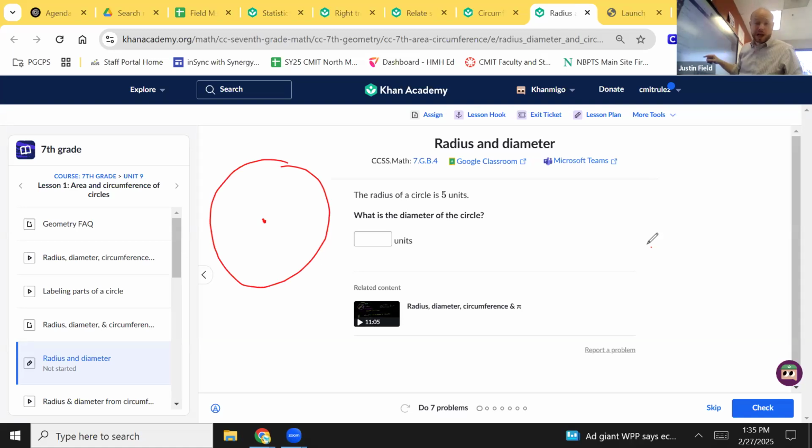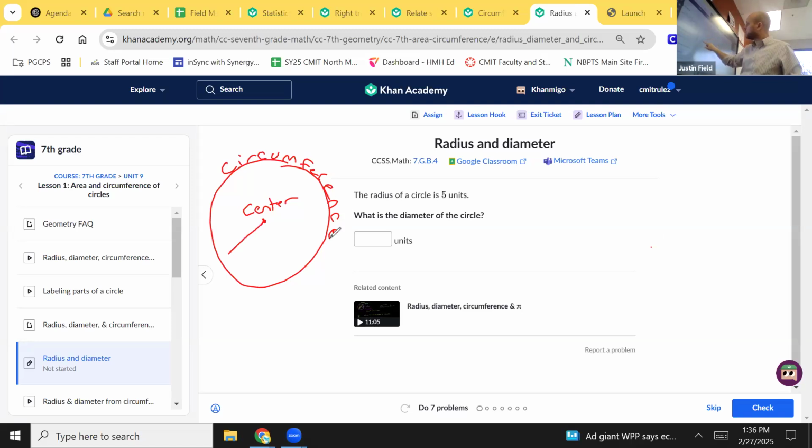It looks like somebody's eye going at the center. And actually, around the circle is called the circumference. All right, circumference of the circle.